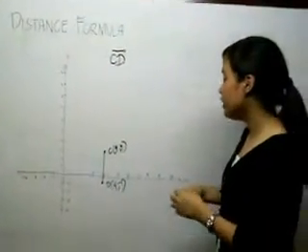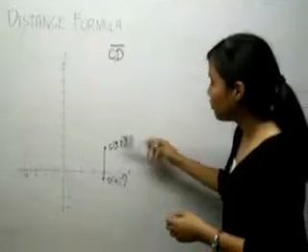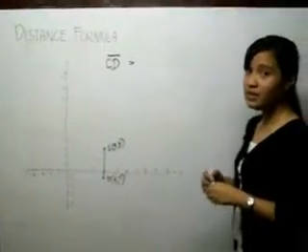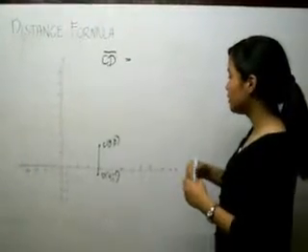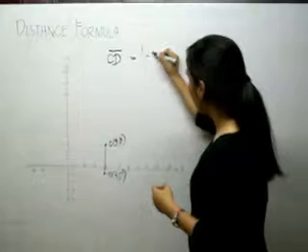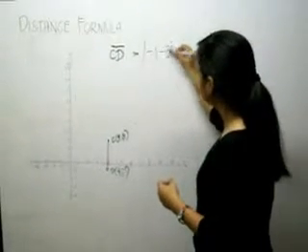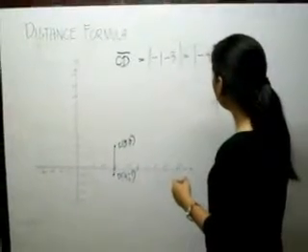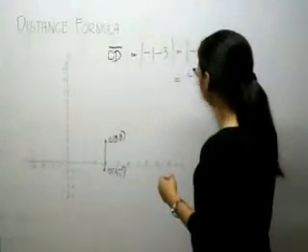Notice that the x-coordinates for this segment are the same. To find the distance between C and D, let us substitute the values: the absolute value of negative 1 minus 3, which is equal to the absolute value of negative 4, and equals 4.